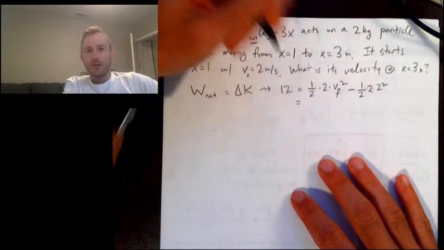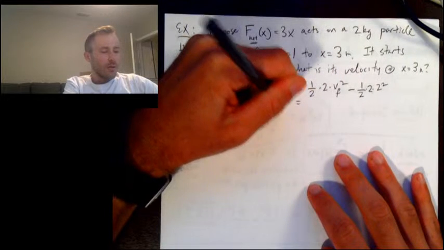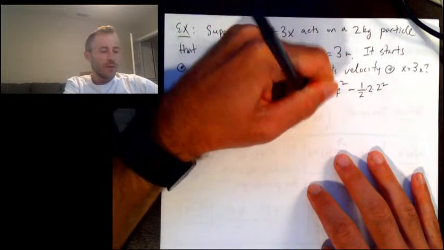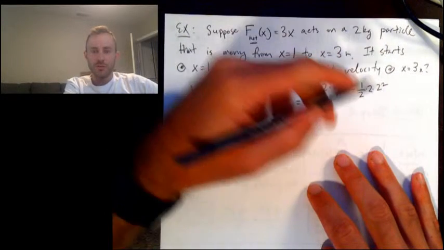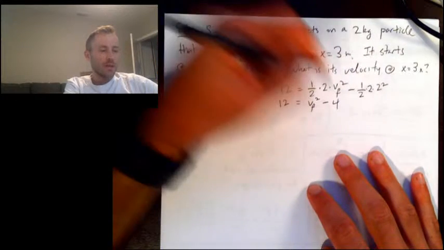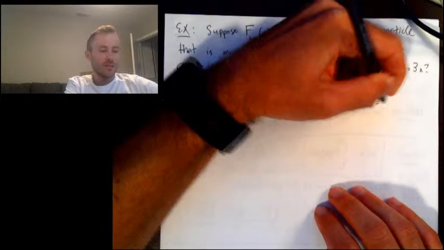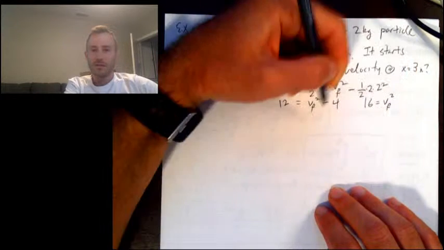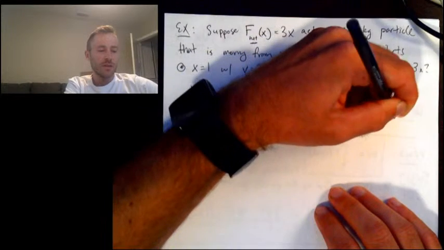So I have 12 equals v final squared minus, and this is 1/2 times 2 times 4, so that's just 4. I add that to the other side, I get 16 equals v final squared, which says that 4 meters per second is v final.